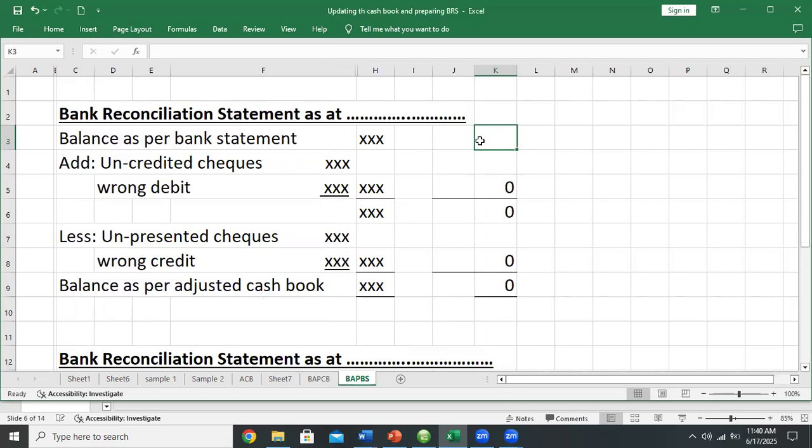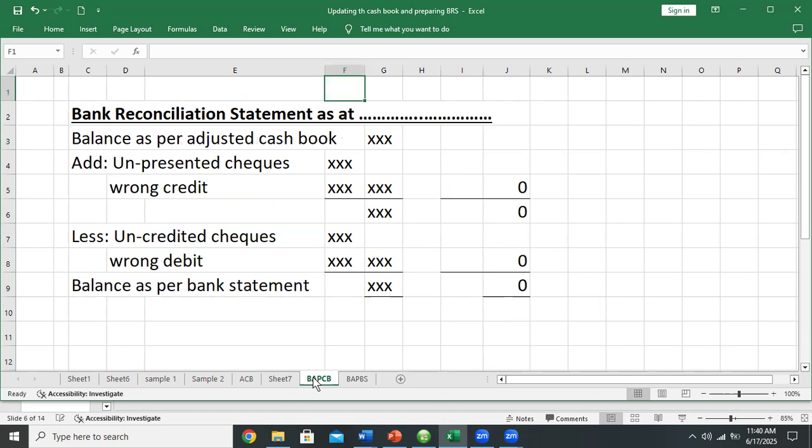So if you choose the balance per the cash book or you choose the balance per the bank statement, then the format would have to change. Okay, but let's pick the first one. If you choose the balance per the cash book, professors, we are saying you add unpresented checks. I think now you know unpresented checks, right?